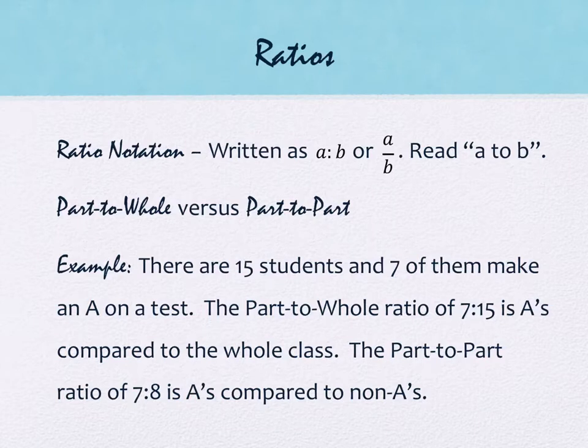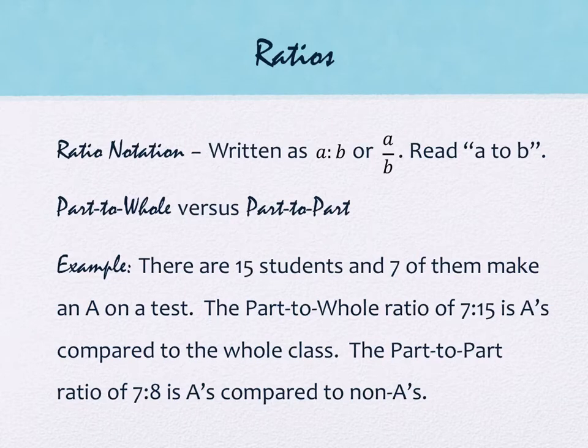So the part to whole ratio is 7 to 15. 7 out of 15 students made an A on a test. That's one way to think about it. The part-to-part ratio considers the 7 who made the A compared to the 8 that didn't, and that's a part-to-part ratio, okay? So the whole is 15, and then we're either breaking it into 2 parts that we're comparing, or we're comparing one part to the whole.